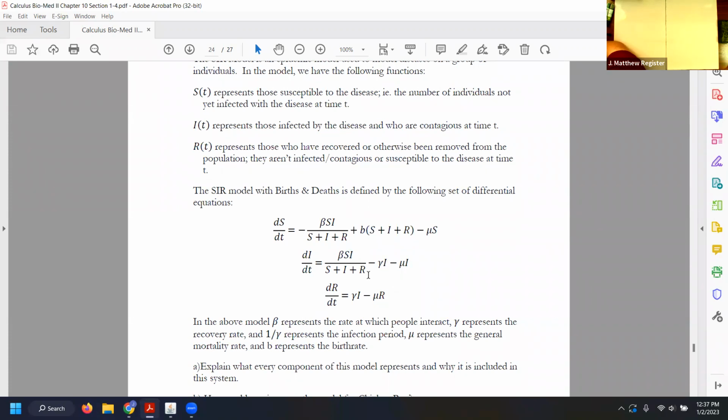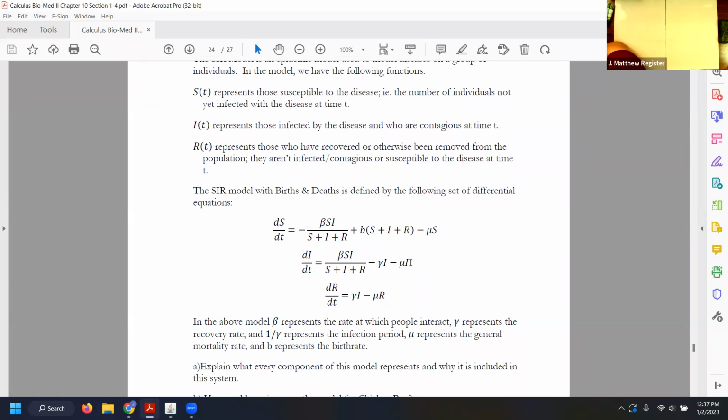That's because if you have 10 people who are infected, well, maybe 1/10 of them will be removed, and that would be one person. Well, if you have 100 people, 1/10 is going to be 10 people. And so how people recover is going to be proportional to the number of people who are infected. And that's what this gamma term represents.